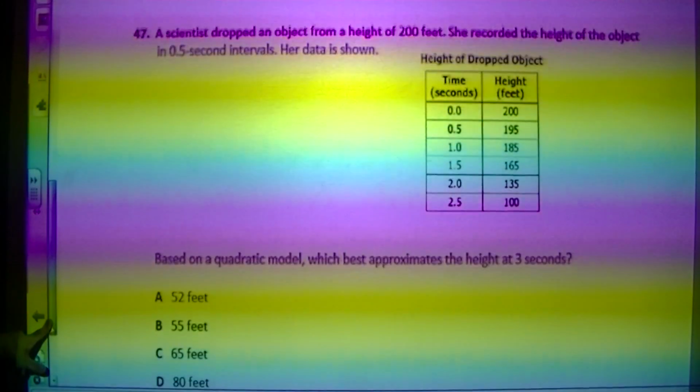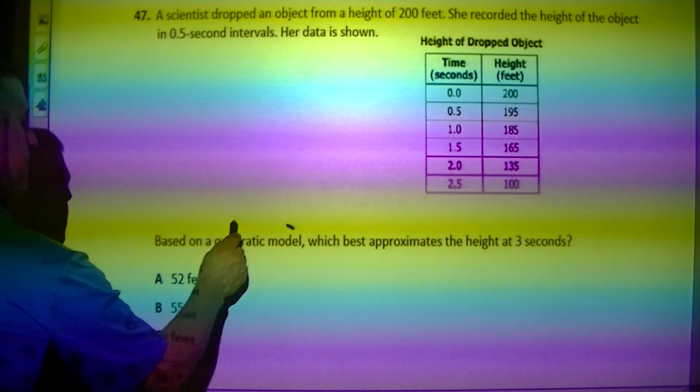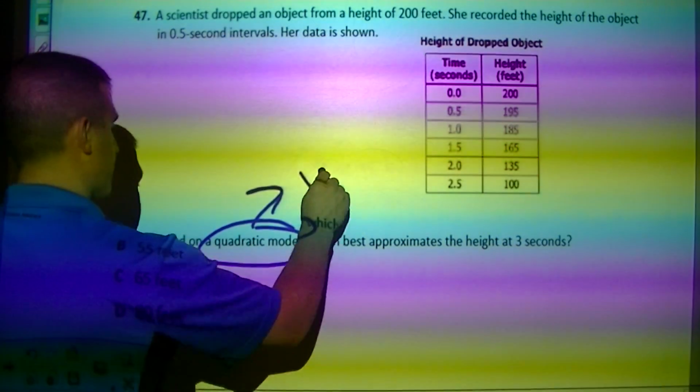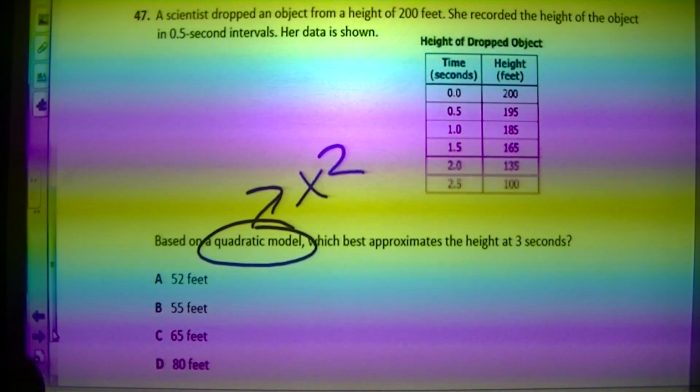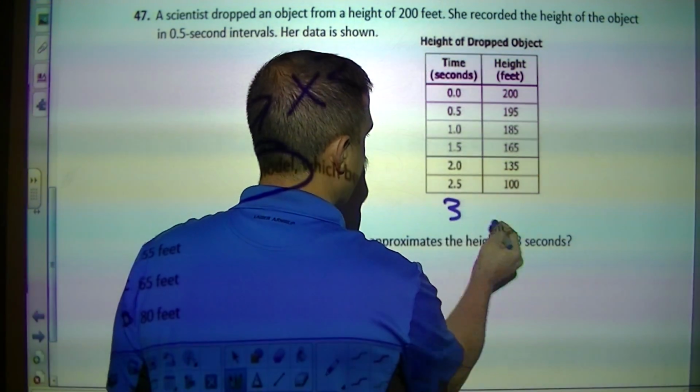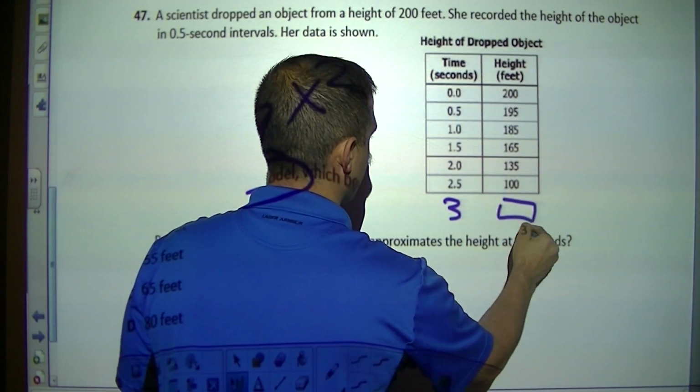Okay, 47. Based on a quadratic model, so quadratic means x squared, what is the approximate height at 3 seconds? So 3 seconds would be here. We need to find this, which would be my y.